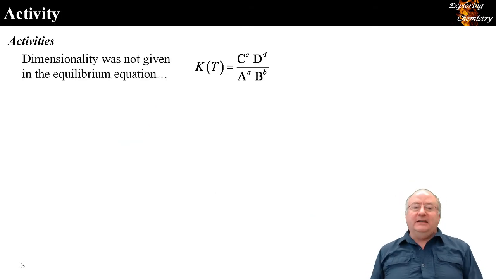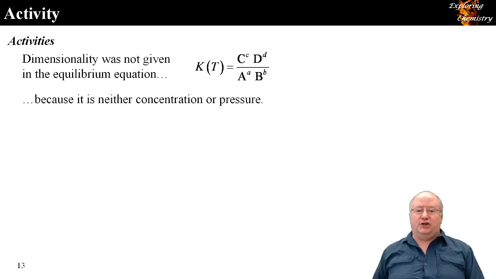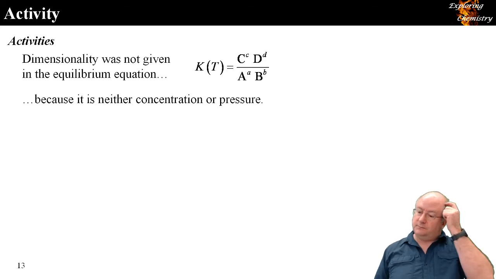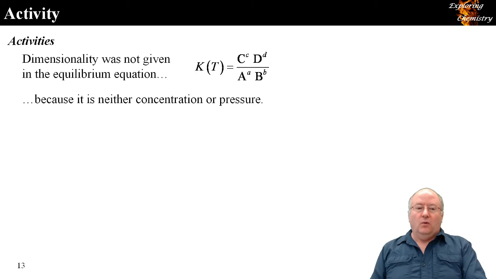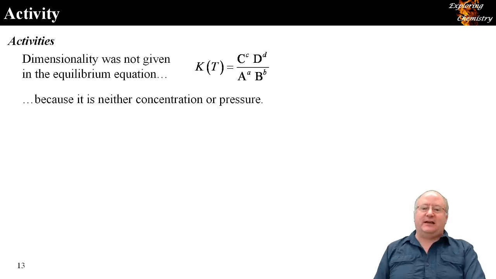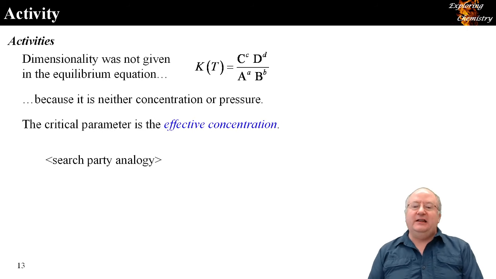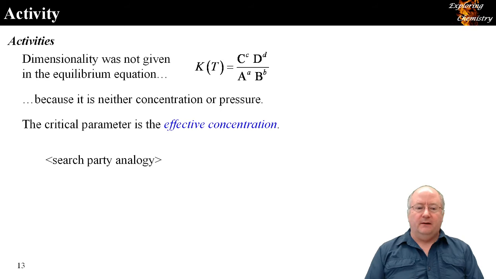I didn't give you the dimensionality in that expression because it is neither concentration nor pressure. The title of this slide is activity. That's what we're going to get to in a few seconds. Activity is actually the effective concentration of an entity.